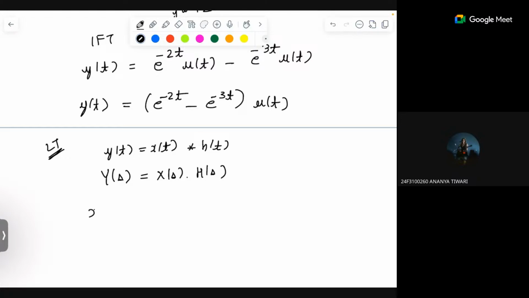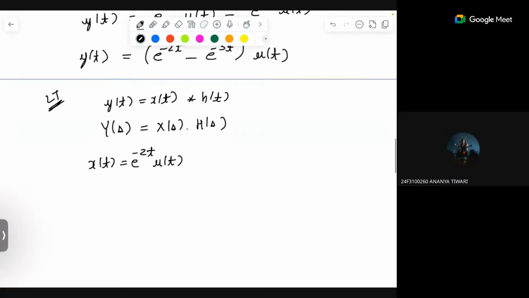Now my x(t) is equal to e raised to the power of minus 2t u(t). We computed the Laplace transform of this last time. So it will be 1 upon s plus 2. And yes, we have the ROC, which is real of s greater than minus 2, is it?